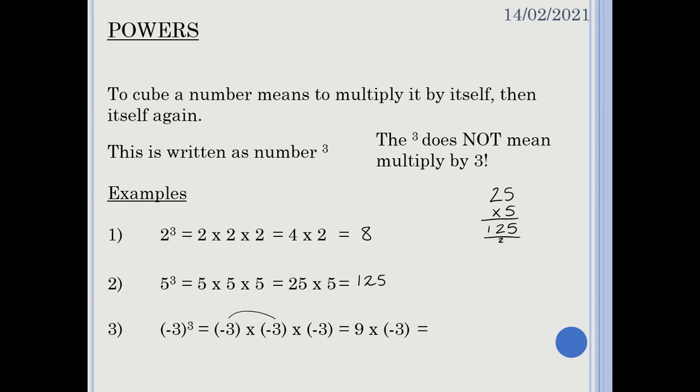Then 9 times negative 3, we've got a positive number and a negative number. And we know that if a positive comes up against a negative in a fight, then the negative always wins. So negative 3 cubed is negative 27.